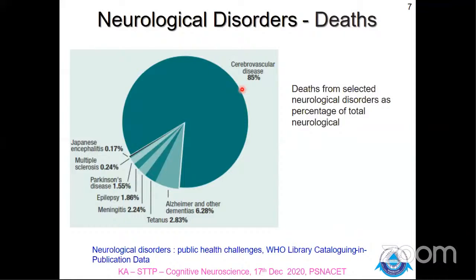Alzheimer's disease or epilepsy do not cause a very high level of death. People die mainly due to cerebrovascular disease, that is blood clotting or blood flow problems in the brain. Cerebrovascular disease contributes 85%, while Alzheimer's and dementia only 6.28% and epilepsy only 1.86%.